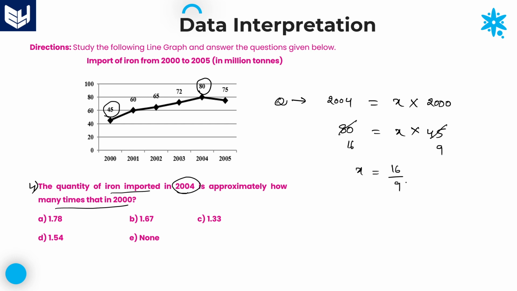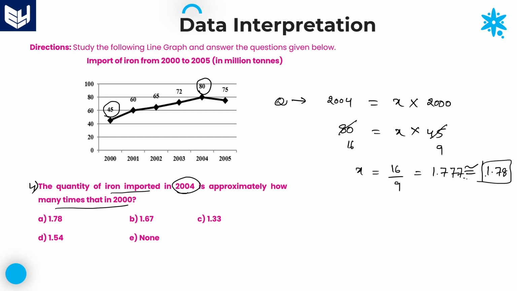That is 9 ones are 9, and next 70, 9 sevens 63, and again 70, again 9 sevens 63, giving 1.77, and there is no ending to this. Approximately, you just take it up to 2 decimals, that is 1.78.